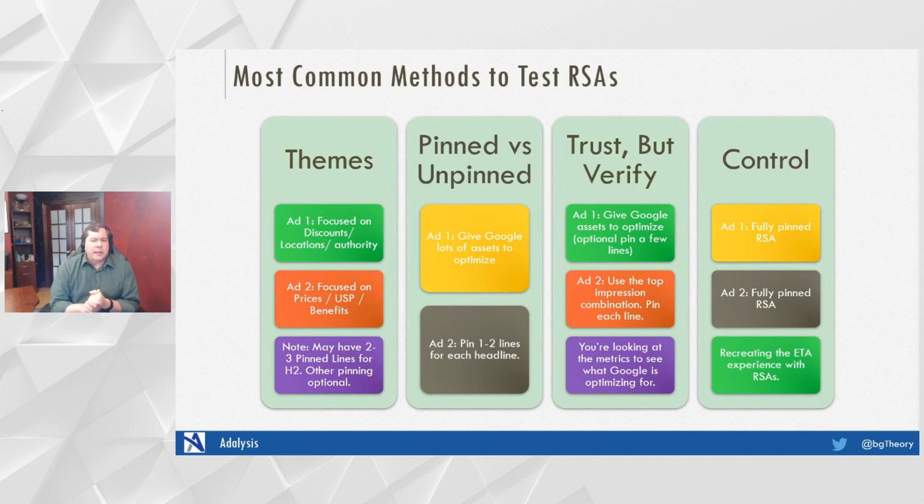Pinned versus unpinned. So this is a common way to say, who's better, right? Let me take 15 lines and 4 descriptions and give them to Google and say, all right, here's your ad to play with where we have a really high ad strength. It'll get more impressions than the other ad. You play. And then I'm going to take the second ad and I'm going to write 3 lines related to the ad group, 3 lines that are call to action or authority statements.